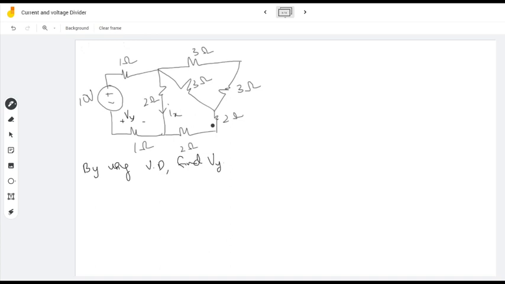Yep, the rule says you must only have the voltage source connected in series. So it is in series with 1, it is in series with 1, but this whole lot here is not in series, this is a combination of something. So you need to transform this to make it in series.